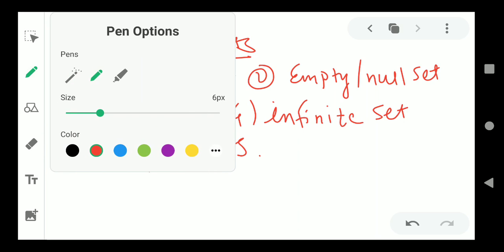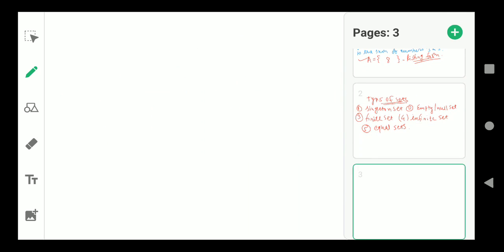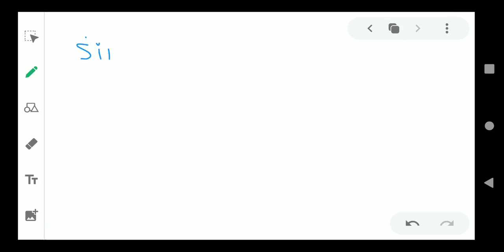First, we will discuss singleton set. As you see, the name suggests: single means one.